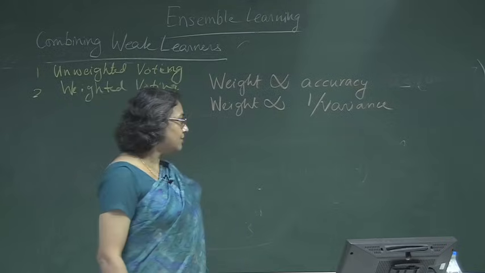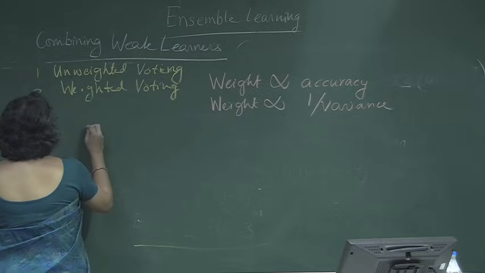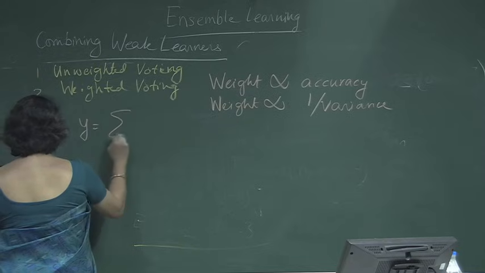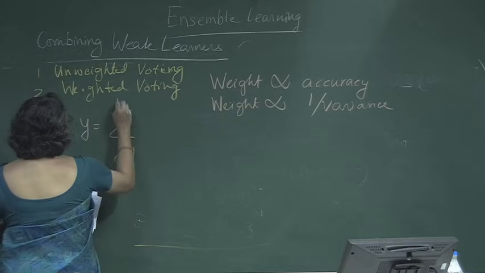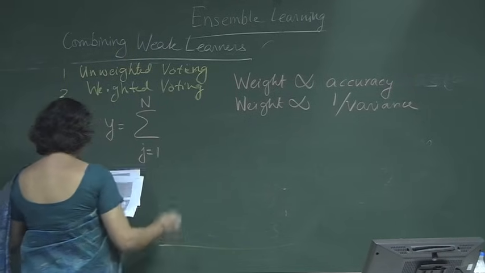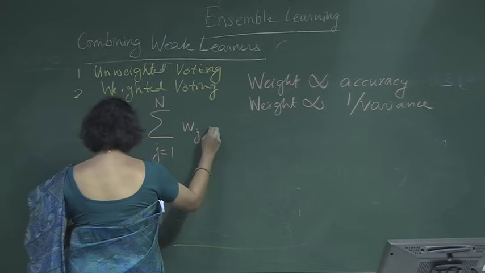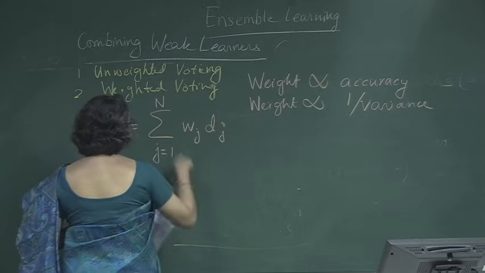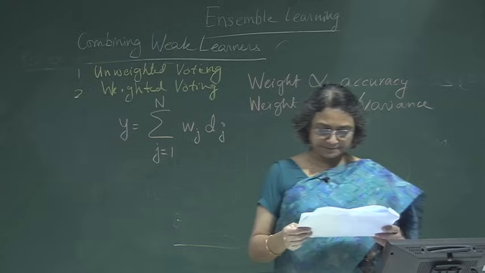We have talked about Bayesian classifiers briefly. So, we can say that the output y, if there are n learners, is y equal to sigma j equal to 1 to n w j d j, where d j is the output of the jth classifier and w j is the weight of the jth classifier.